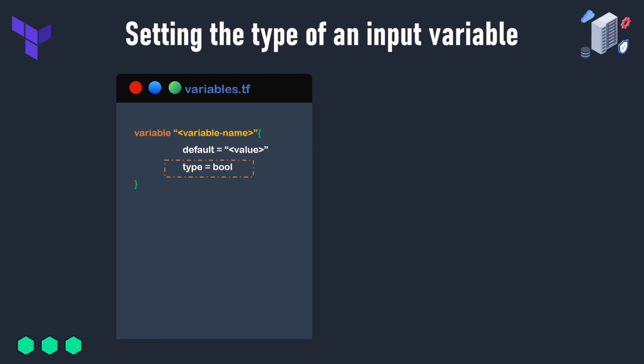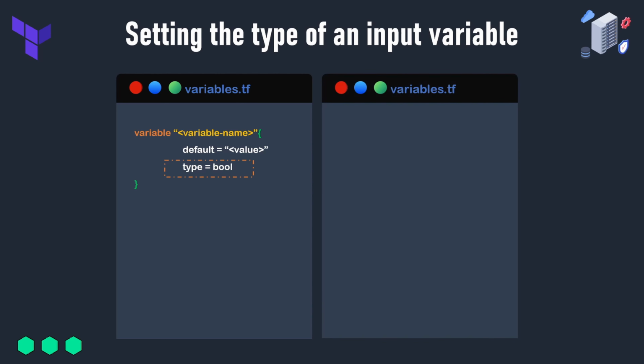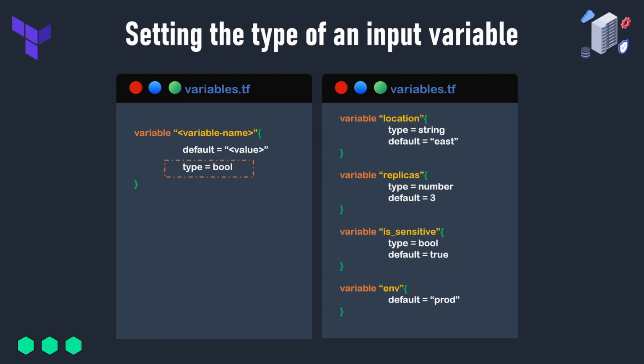For example, here in the variable.tf file, we have declared a variable called location and its type is string, a variable called replica, which will accept any numeric value since its type is number, a variable called is sensitive. The type here is bool, so only true or false would be accepted. And finally, for the variable called env, we didn't specify the type here. That's why any value will be accepted.